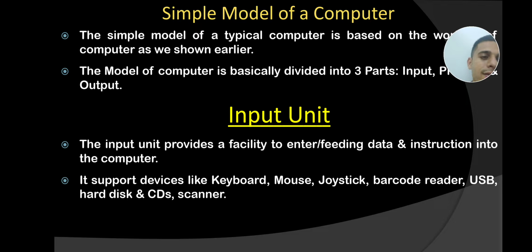So that's why it is considered a part of the input unit, but actually it will be categorized as a memory unit only, because the main purpose of these two devices is to store data for a long time. As well as CD also, you can consider in the form of a memory unit. For example, if you bring a blank CD from a market, then whenever you write information on it, that CD will work as a memory unit.